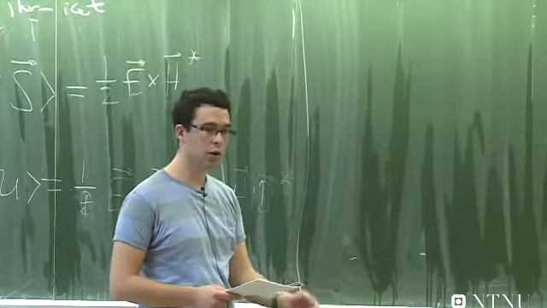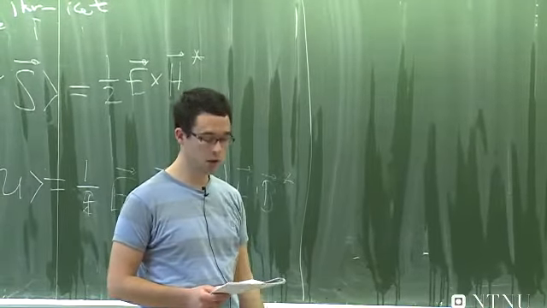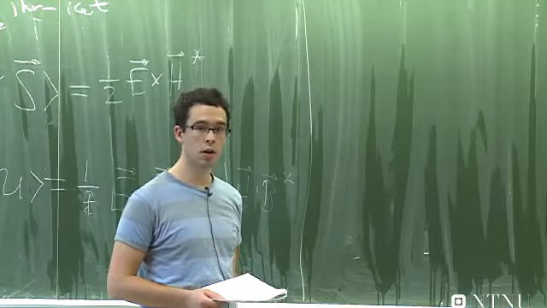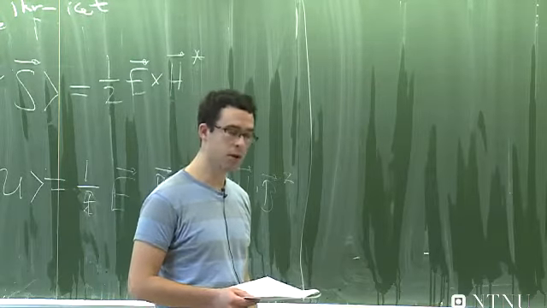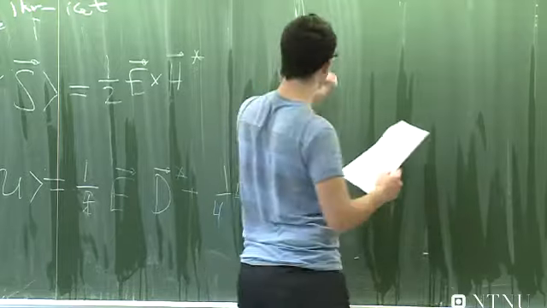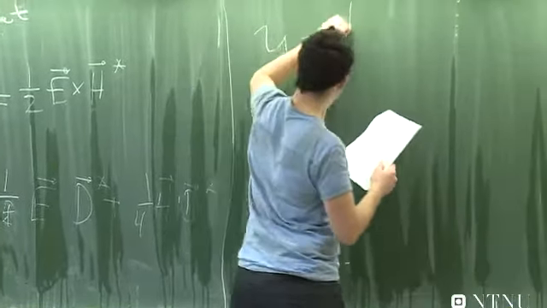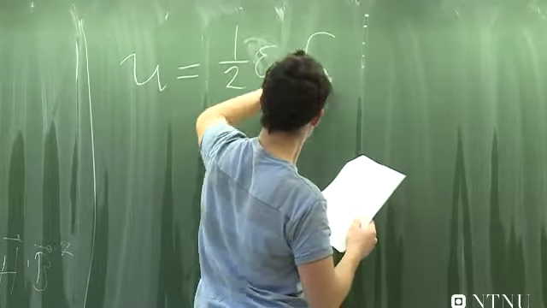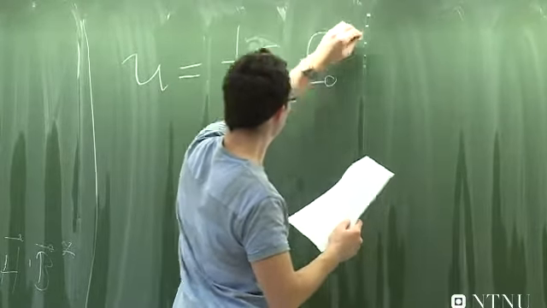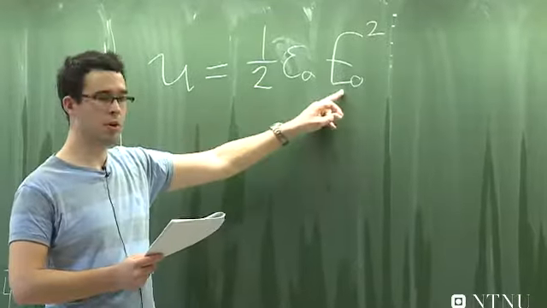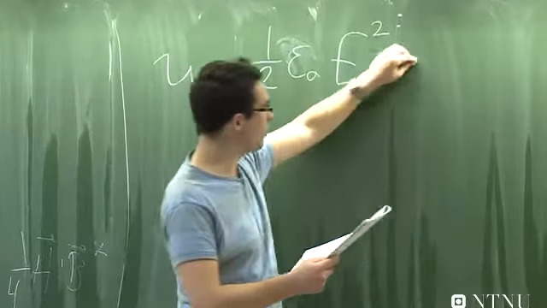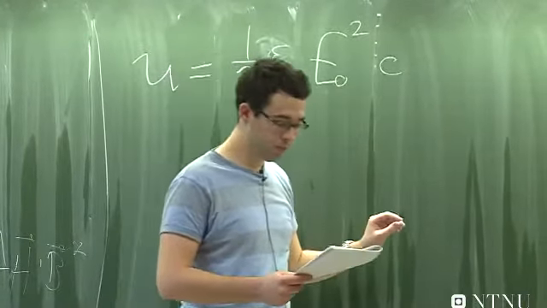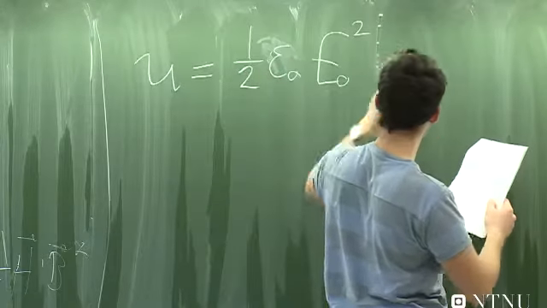And first of all, we know that the energy in a real field, which is just a cosine of kr minus omega t, looks like the following: u equals half epsilon 0, and this is the amplitude, and then there's the time variation term.